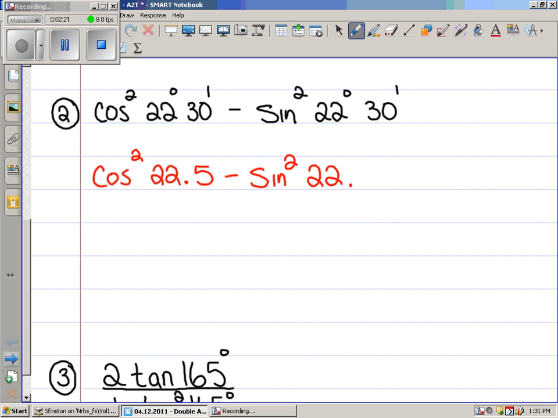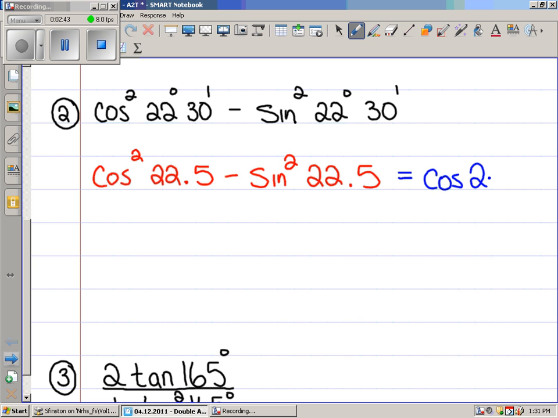Now go up to your reference sheet and find what formula looks kind of like this. Which one is it? Yeah, this is the same thing as the cosine of 2A. And what's in the A spot? 22.5.